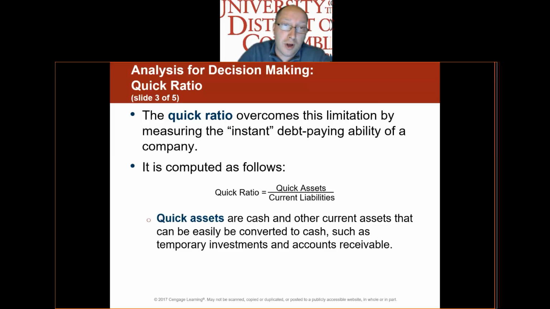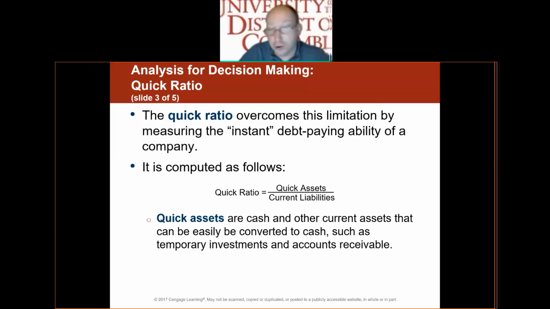Another ratio we talked about is the quick ratio. This overcomes that limitation by measuring the instant debt paying ability of the company. In other words, how quickly can the company pay its debt? For the quick ratio, we take quick assets and divide by current liabilities. A quick asset is something that I can easily convert to cash.